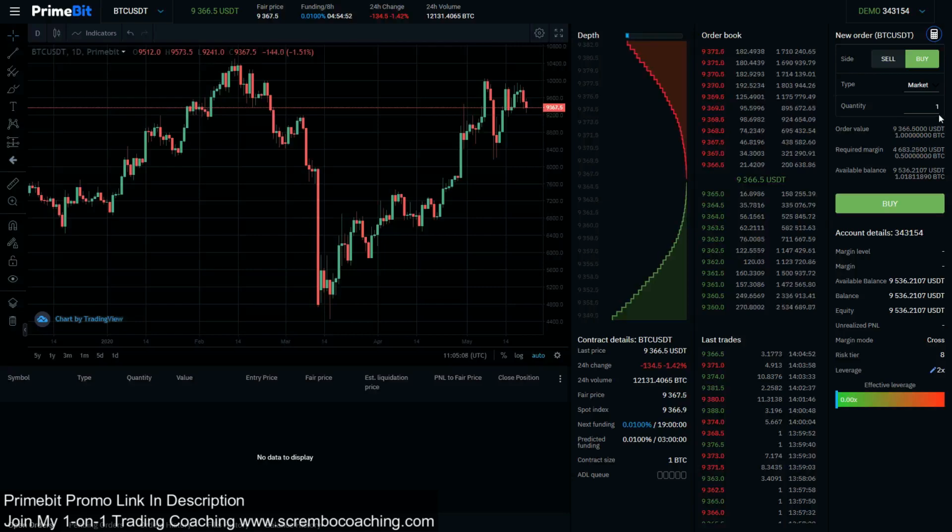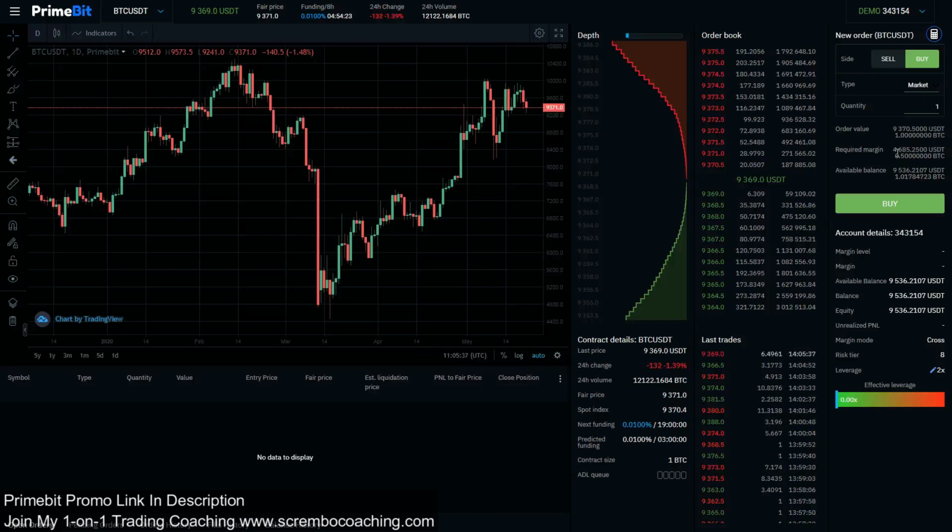For example, we put 1 Bitcoin order value, which is $9,364. Required margin to open such a size of a trade is 4,685. Why? Because we have leverage 2x, so our margin is multiplied by 2x and it brings up the order value.